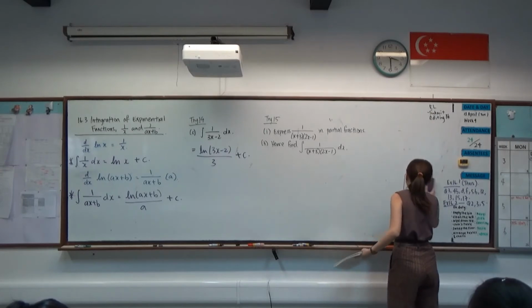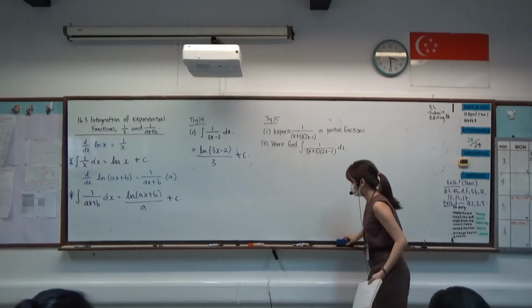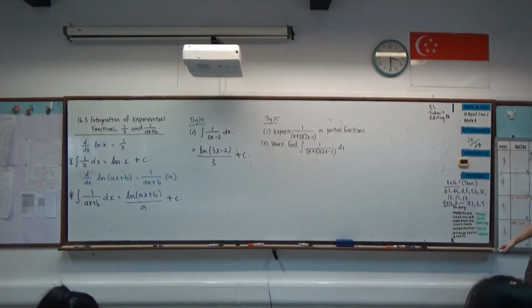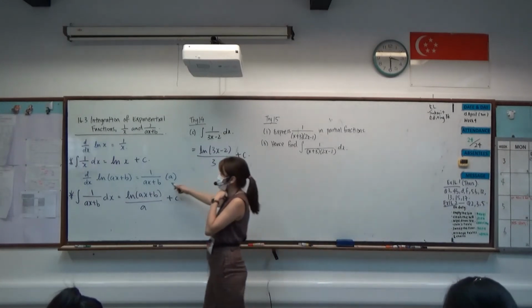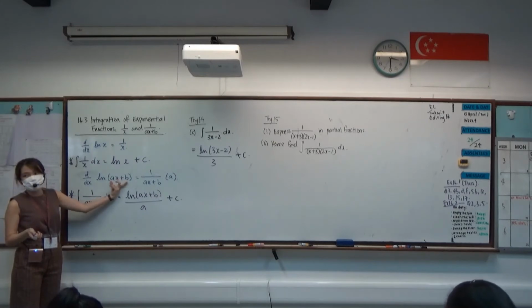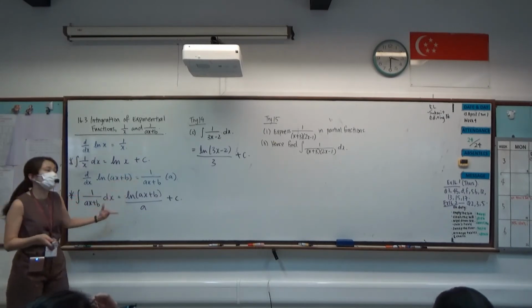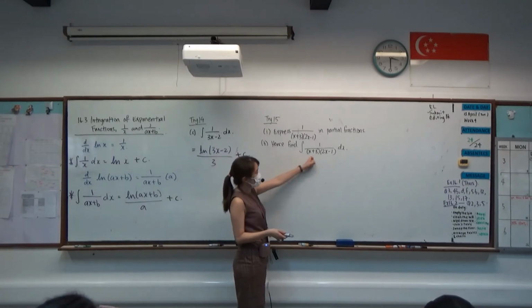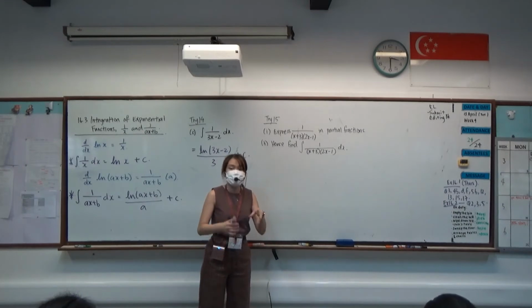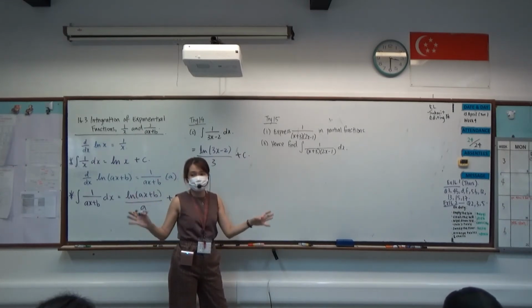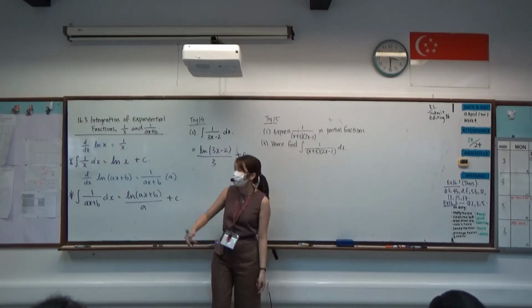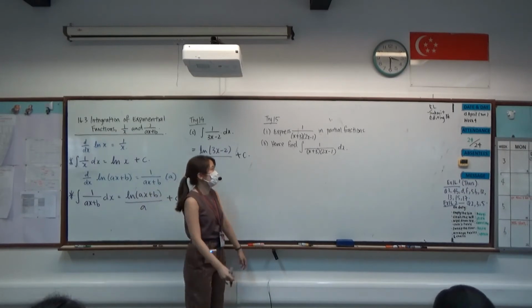Notice that in this question, if I want to integrate 1 over x plus 3 and 2x minus 1, our rule here doesn't apply because we are strictly only looking at one linear factor, ax plus b. I'm not looking at double of it. So if my end goal is to integrate this, I need to make use of partial fractions so that I can split it up into 2 single fractions with single linear factors, then I can apply my formula.